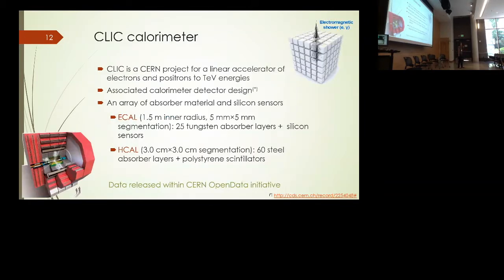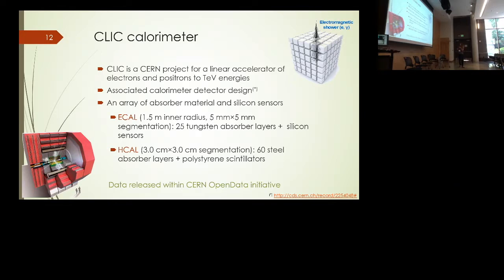So for our work, we use the simulation data of a CLIC calorimeter. You know, CLIC is a project at CERN for a linear accelerator, and there is an associated study on detector design that goes with it.